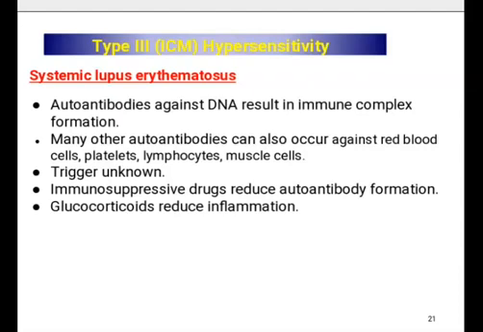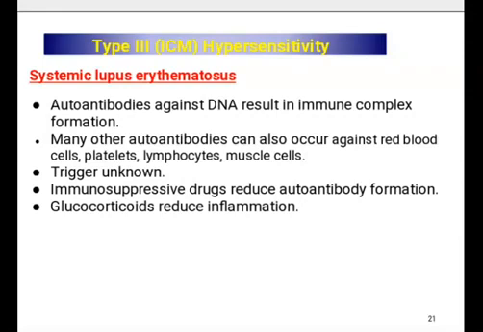Therefore it should be monitored during the treatment. Also hydroxychloroquine is used for this condition. Along with this, medication with disease modifying anti-rheumatic drugs is also used in case of joint involvement.